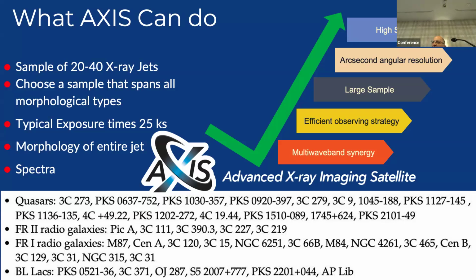Let me comment further on that. This is something that Marcos and I did a fair amount of work on with PKS 0637, and it's really tough, because what we were hoping to find was bulk Comptonization from the positive charge carriers, in particular from the quiescent part of the jet.